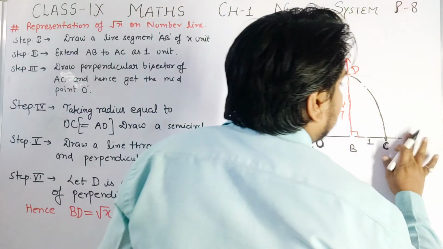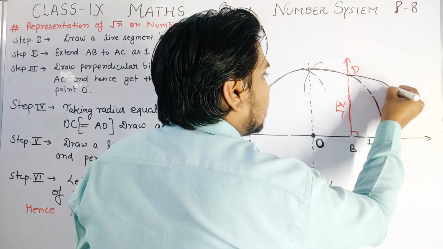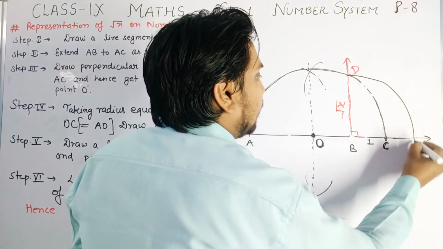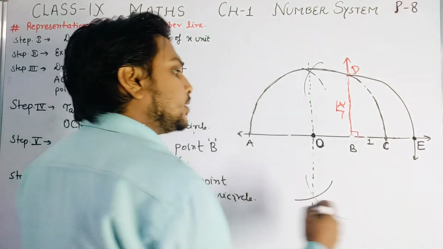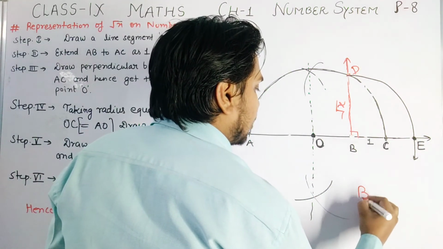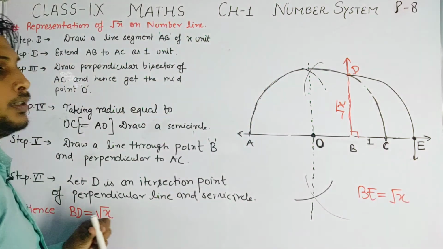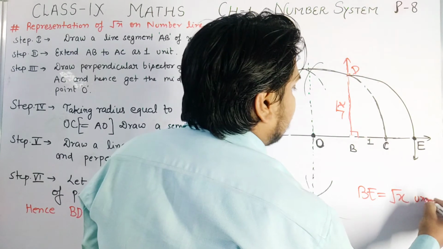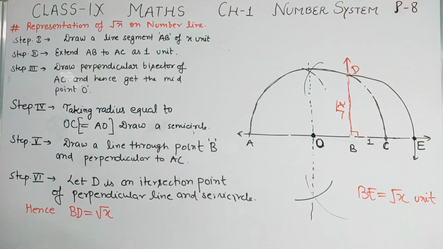Now suppose this is point E. So the distance BE will show you under root x unit.